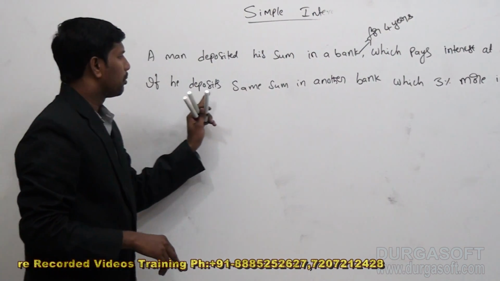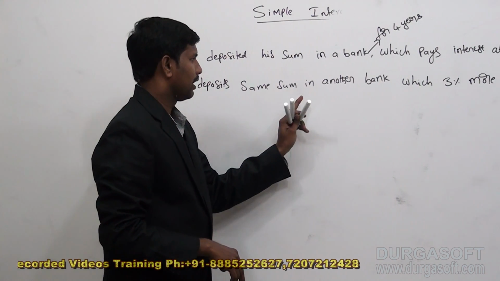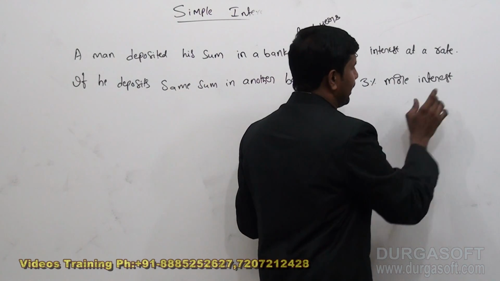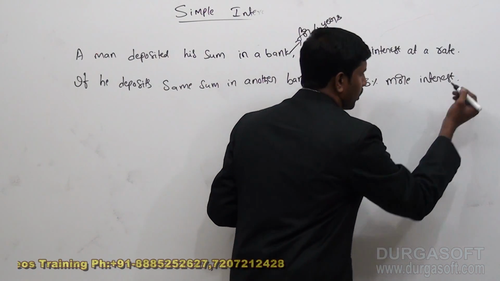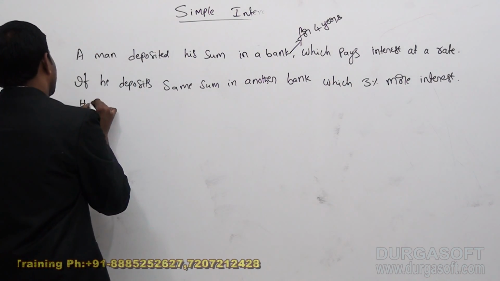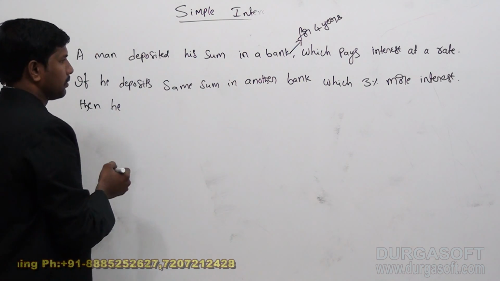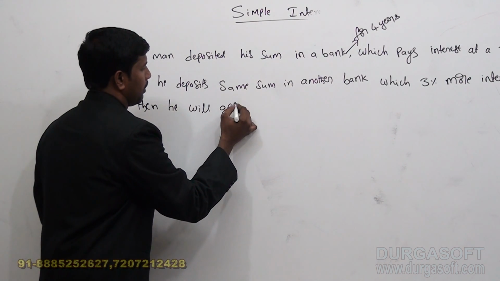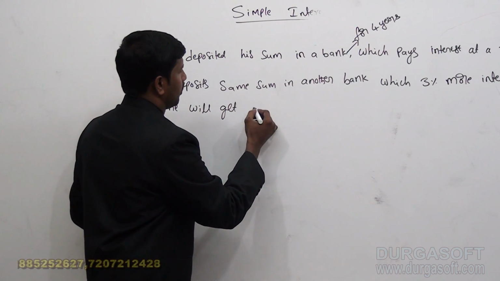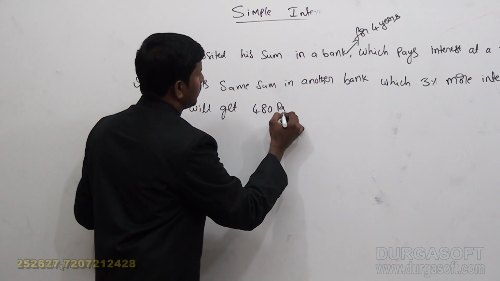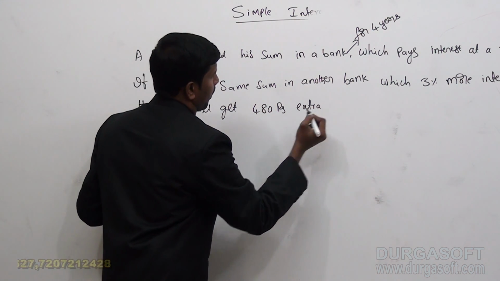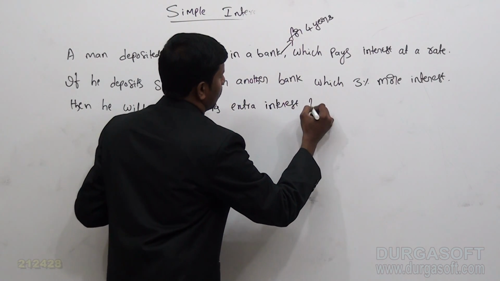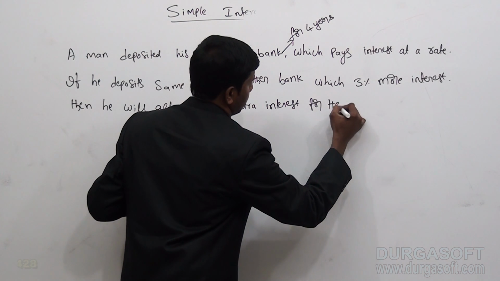Now if he deposits the same sum of money in another bank which pays 3% more interest, then he will get 480 rupees extra interest for the same time.